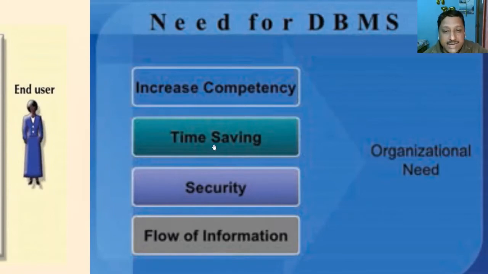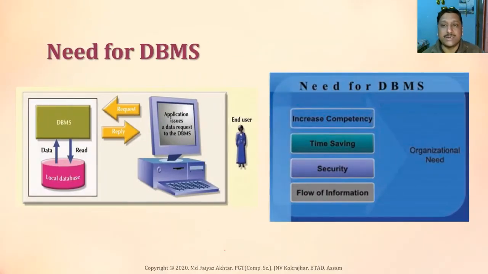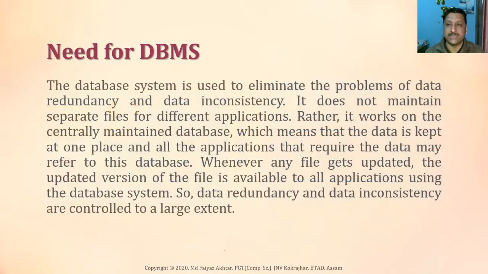It saves time. It has security features, so an unauthorized person cannot access that data. Information is stored in a flow, and within seconds we can get particular information from the database. That is the particular need of a database system in an organization.